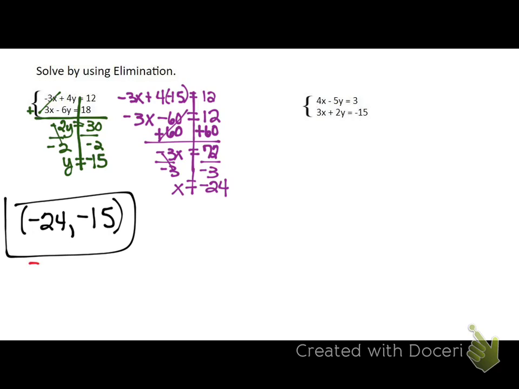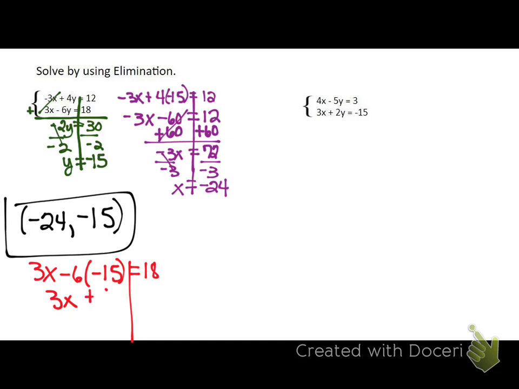So you did 3x. I did 3x minus 6, parentheses, negative 15 equals 18. And I multiplied it and got 3x, and then 90, positive or negative?